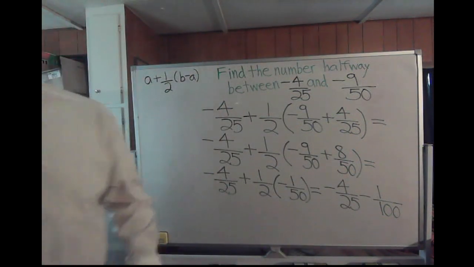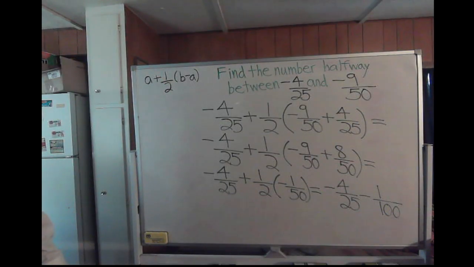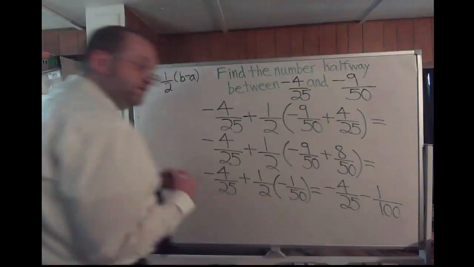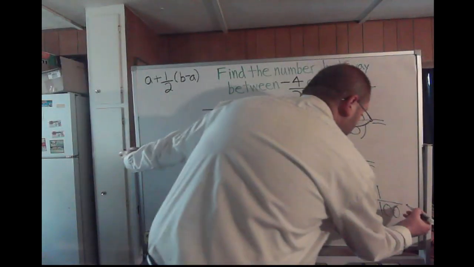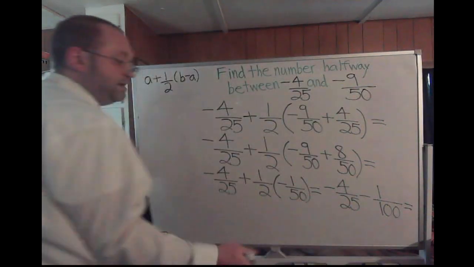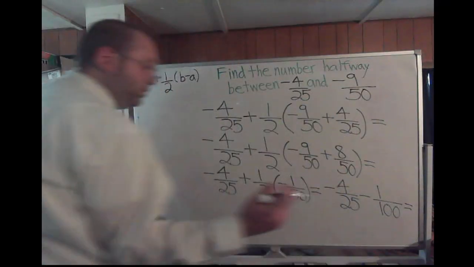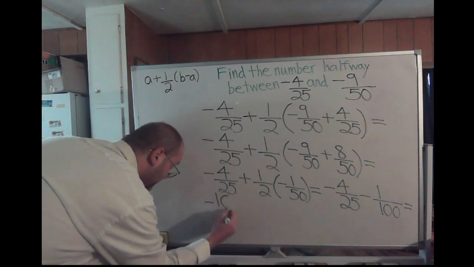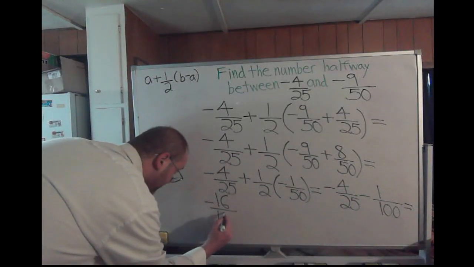We're almost done, but it's also safe to say the least common denominator of 25 and 100 is definitely 100, right? So the first fraction, we're going to have to multiply both numerator and denominator by 4 to get that. You multiply the numerator by 4, you'll get negative 16 out of 100.